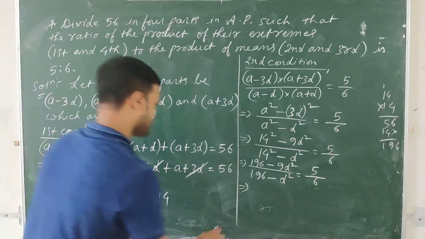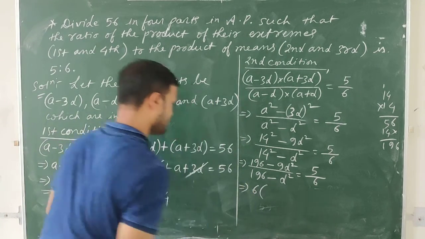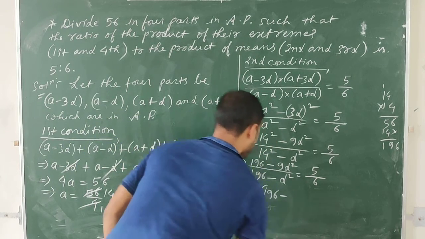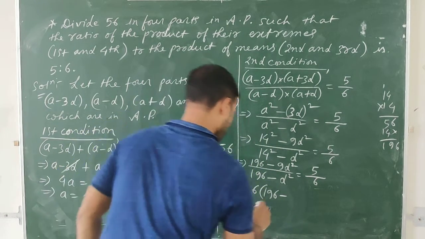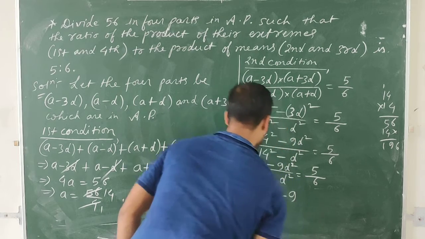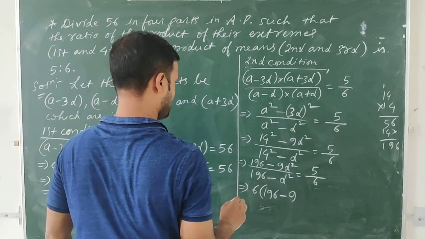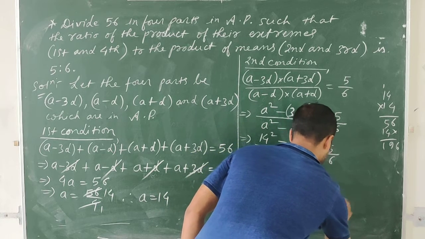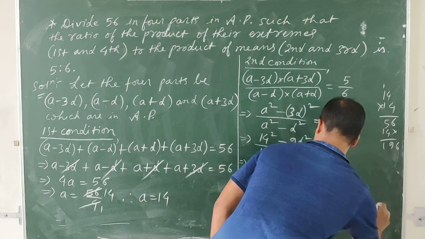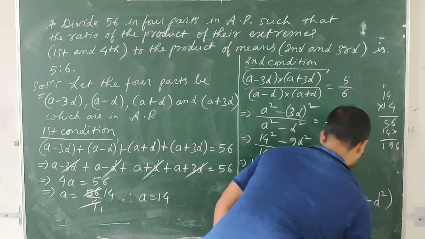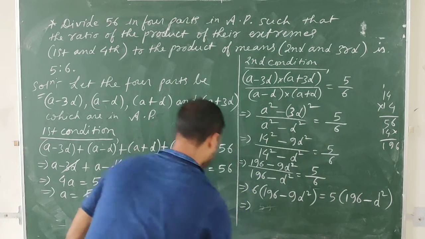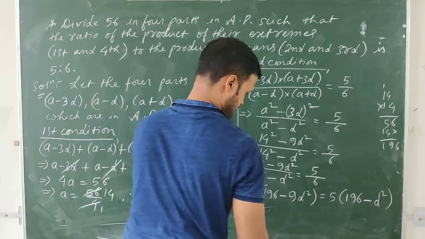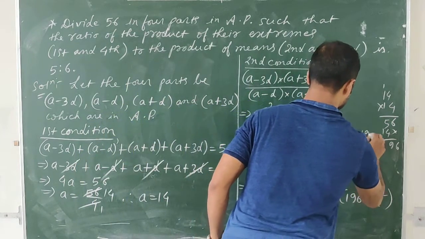Look here. I'll cross multiply 6, students. 6 into 196 minus 9b square equal to 5 into 196 minus b square.